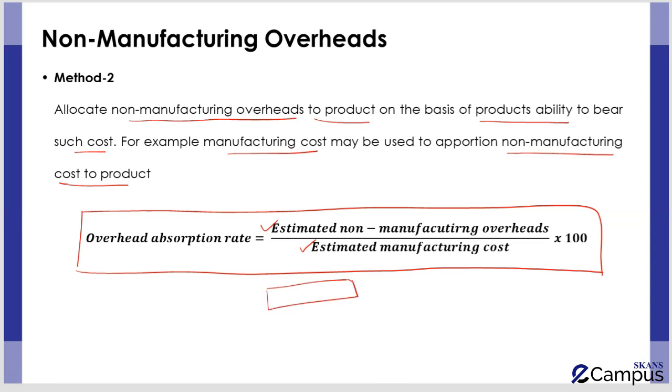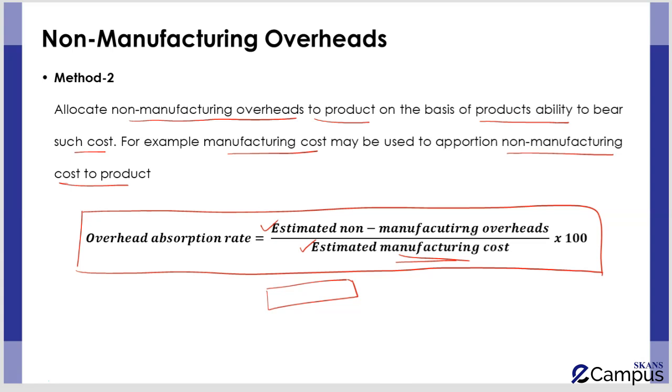Then we will be able to get our total production cost. In short, non-production overheads can be based on labor hours, machine hours, or a percentage of production cost with the equation we have discussed here.